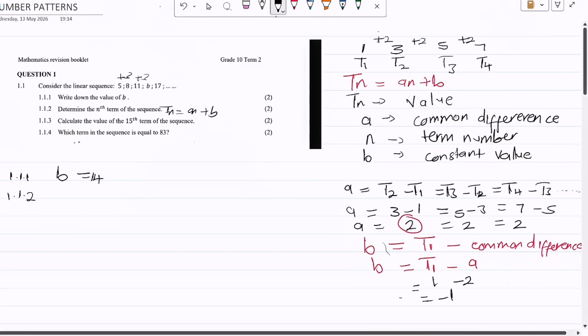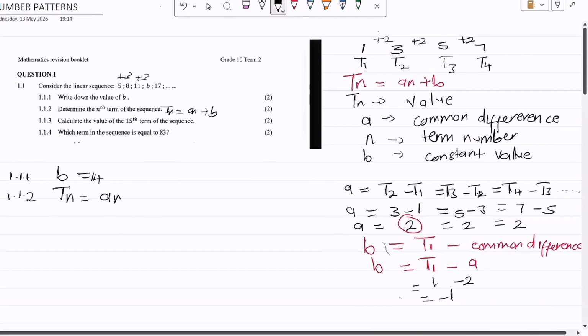Either way, use that one. Okay, let's rewrite our formula. Tn is equal to an plus b. Please excuse my handwriting. I'm actually sitting in a very uncomfortable space.